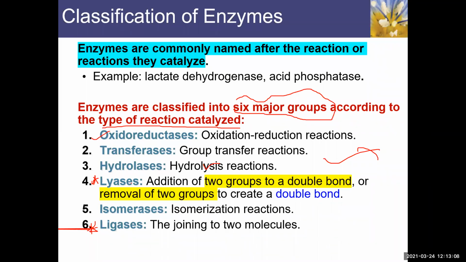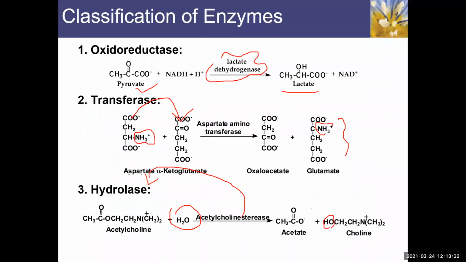Lyase is an enzyme wherein two groups are added to a double bond. If I have a double bond here, we add whatever groups there are. As I told you, you just need to remember what exactly happens with the lyases. So we add groups to the double bond, or sometimes remove groups from the double bond. That is basically done by the lyases.